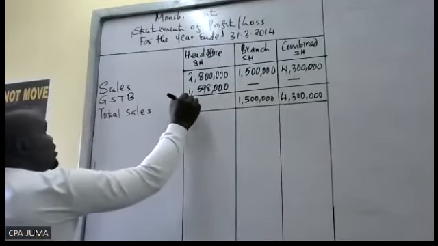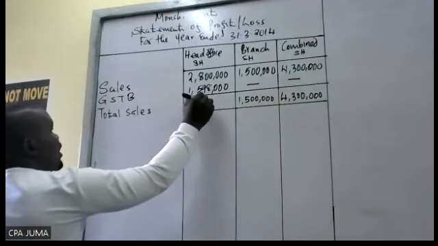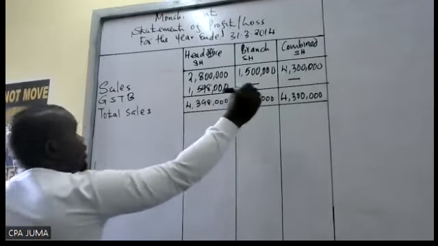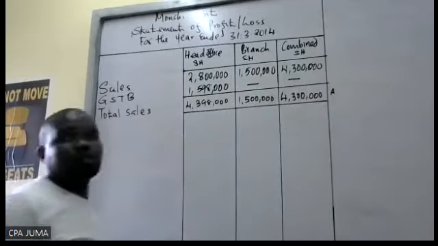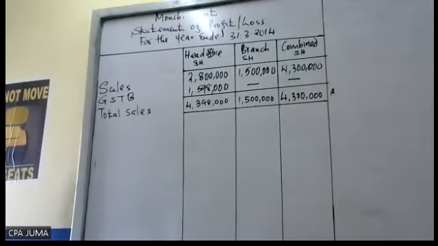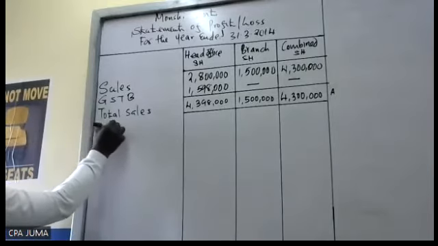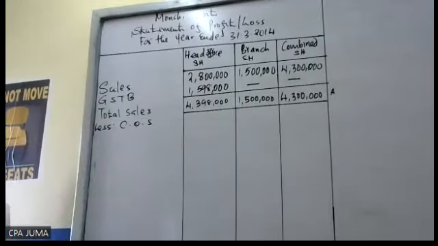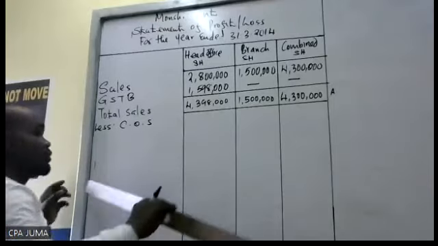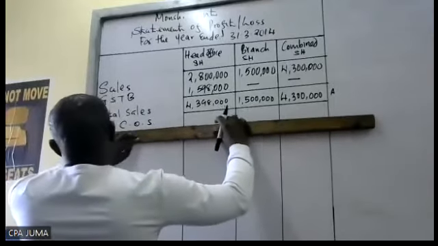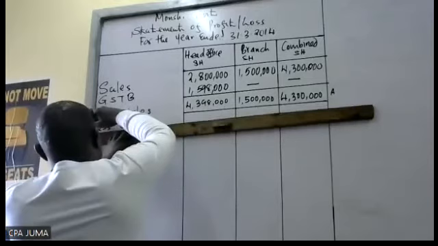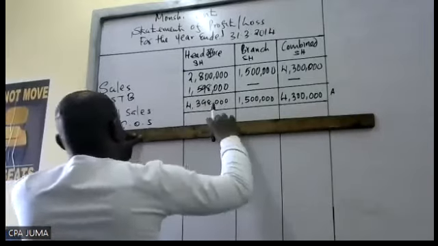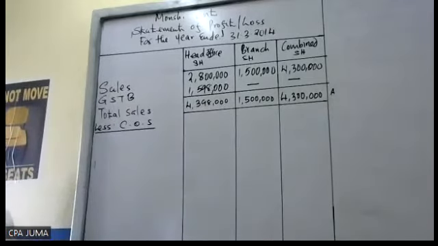How much? 4.398. Call it A, like that. Then less cost of sales.